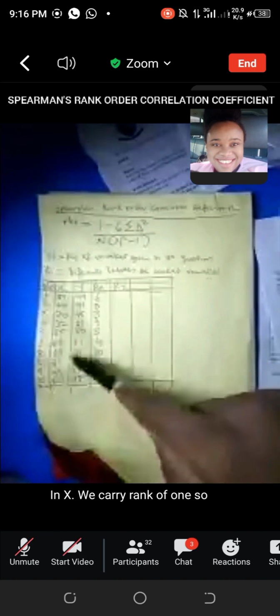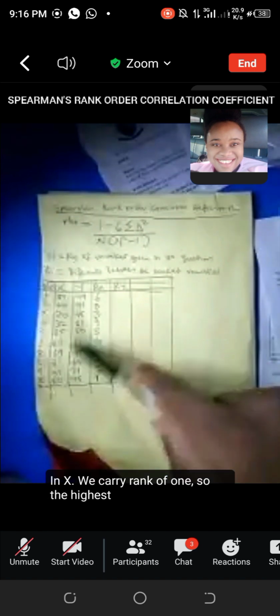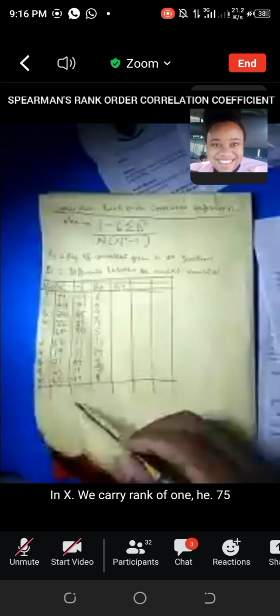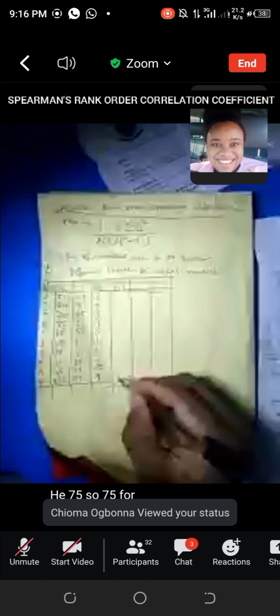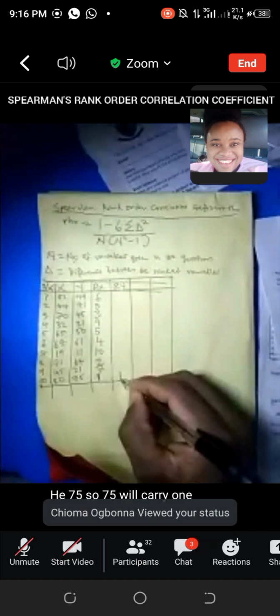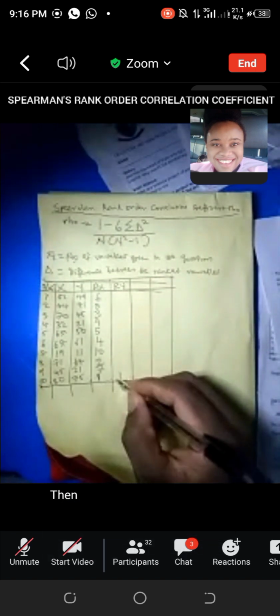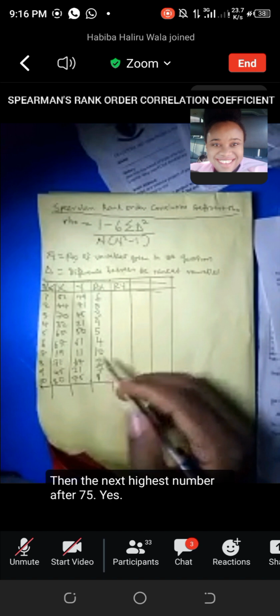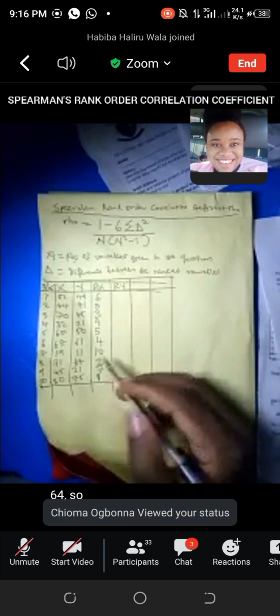Then we'll go to Y, rank of Y. So the highest number in Y is 75. So 75 will carry 1. Then the next highest number after 75 is 64. So 64 will carry the rank of 2.